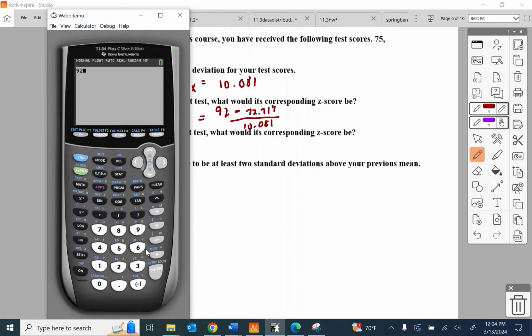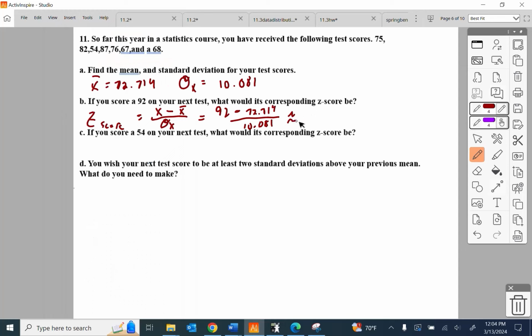I don't feel like hitting math, num n over d, so I'm just going to do this in 2 steps. I don't know whether it's better to teach things doing all at once or to just show kids multiple steps. I just don't know anymore. Anyways, it's about 1.913, which is way above average. It really is.